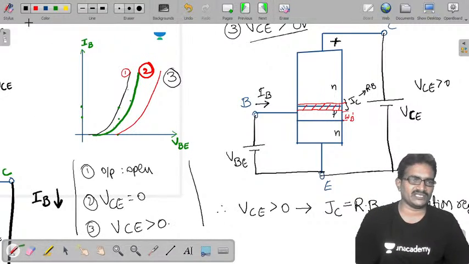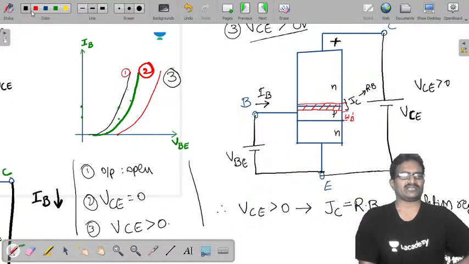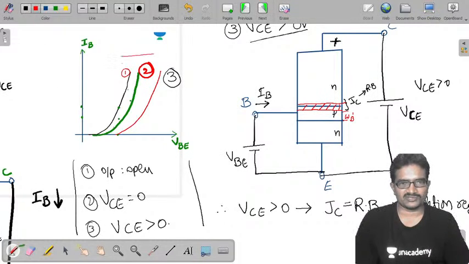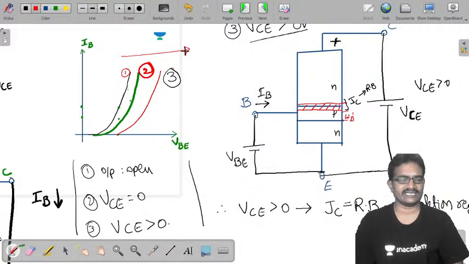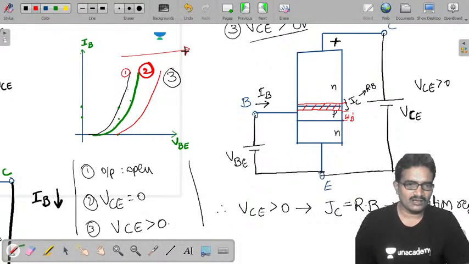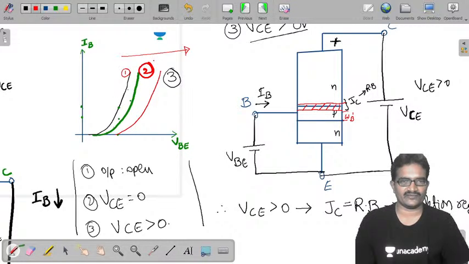Okay, now from this we observed, by moving step by step, your plot is moving towards the right side, and in this sense your base current is going to decrease. So this is under open circuit condition. This is at VCE equals 0. Now this is at VCE greater than 0.